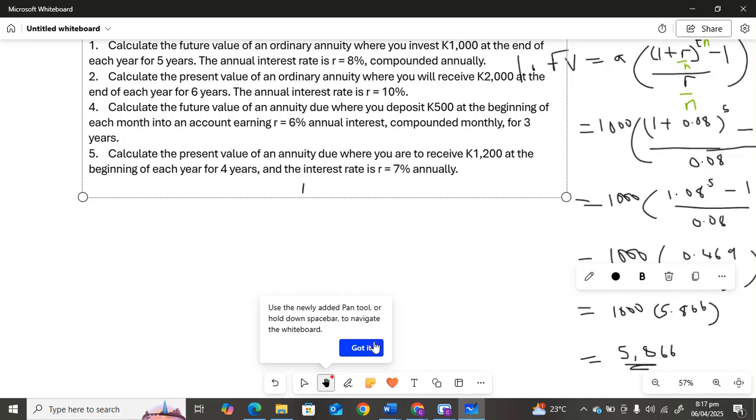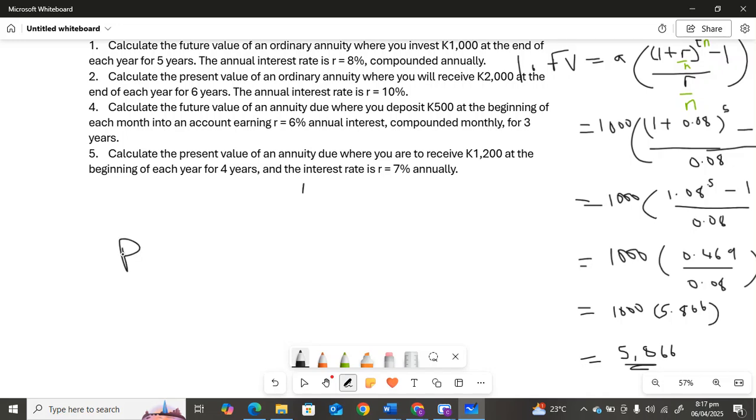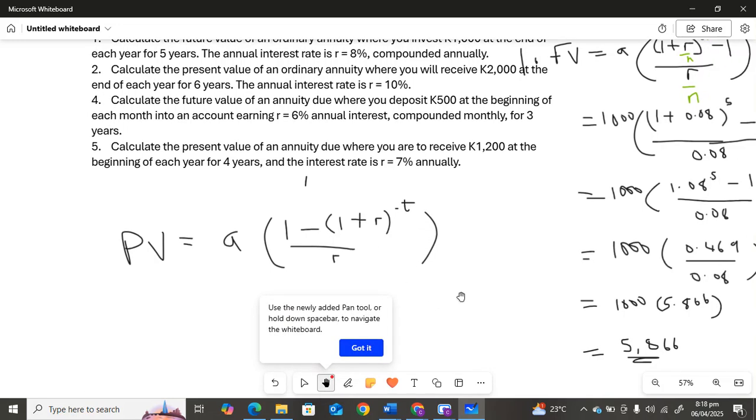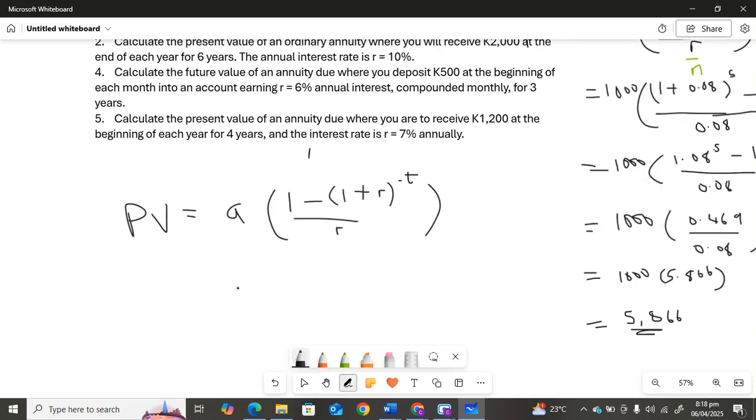Okay, so we get our present value formula here. Present value for an ordinary annuity equals A, open brackets, 1 minus 1 plus R to the power negative T, divided by R. So here in this question, our A, which is the equal amounts that will be paid out or received, is 2,000. 1 minus, our rate is 10%, so 0.1.